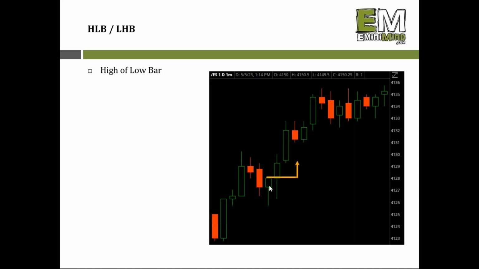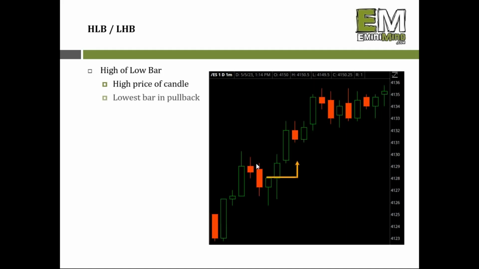If I were to put my entry one tick above the red bar prior to this hammer, well, it wouldn't have triggered. We went lower. The hammer made a lower low, and so just putting my order one tick above the red bar prior wouldn't have gotten filled.